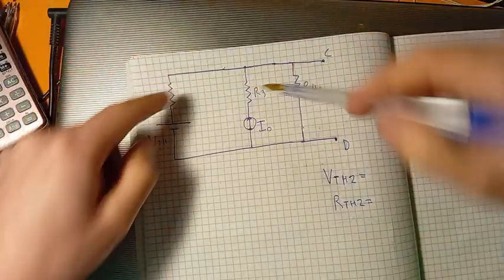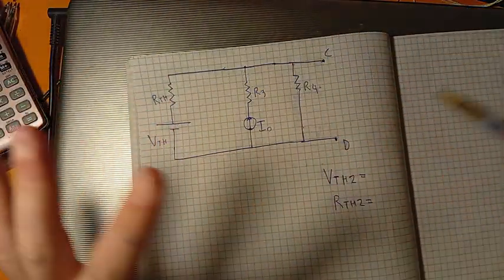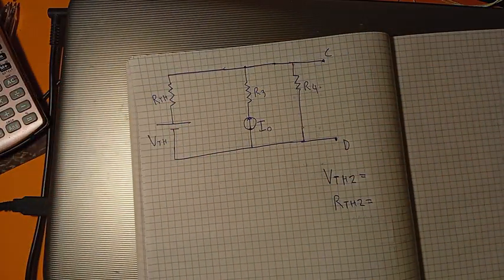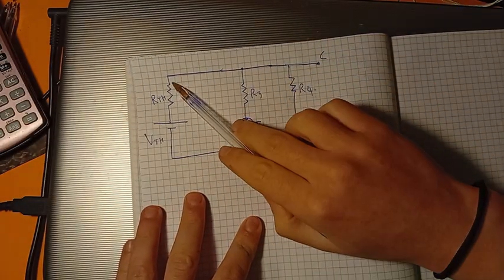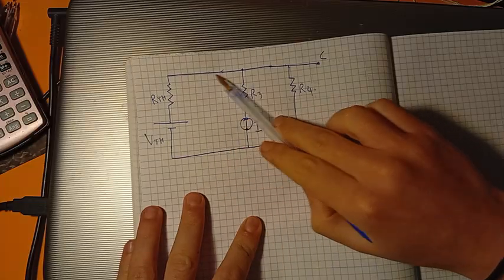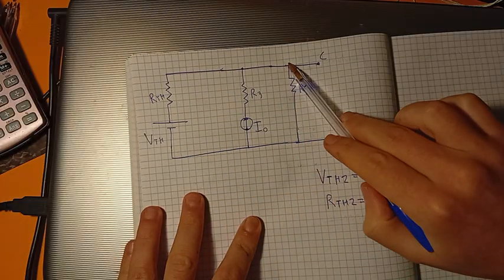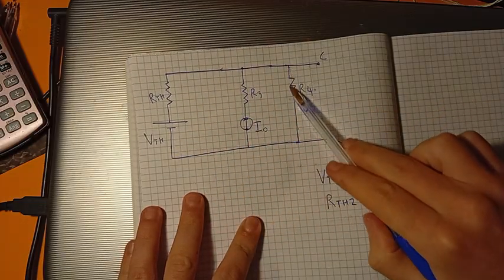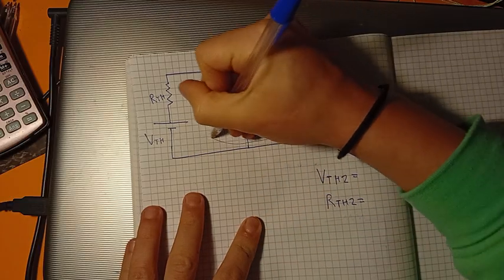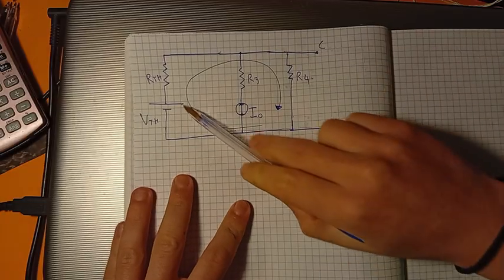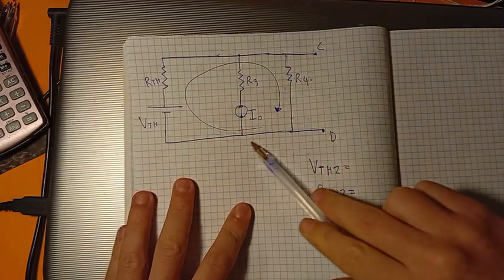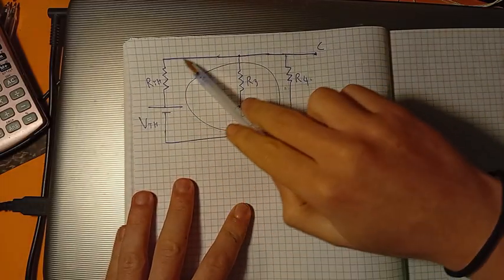But nothing else can enter in this branch. So we have just one closed loop circuit here, and it is this one you see here. So we decide the direction of the current, which is clockwise this time, and we'll write the Kirchhoff equation considering this mesh, this closed loop circuit.